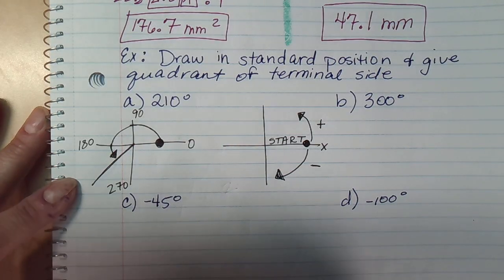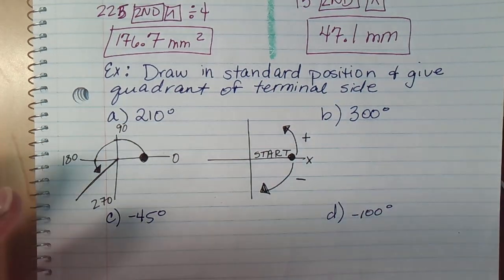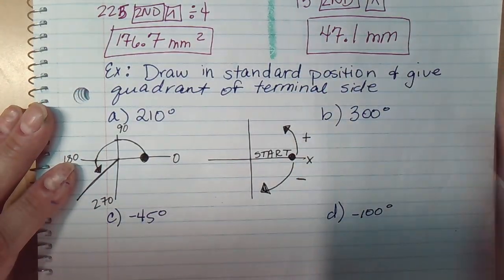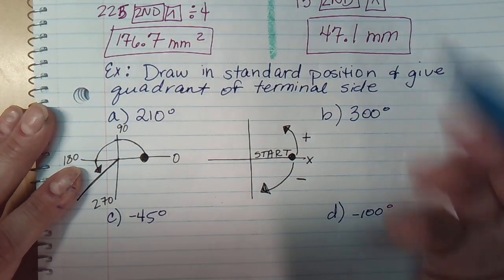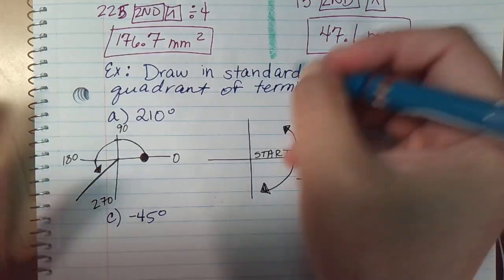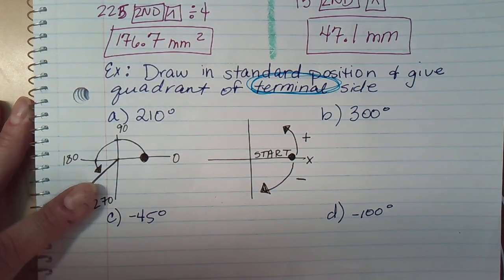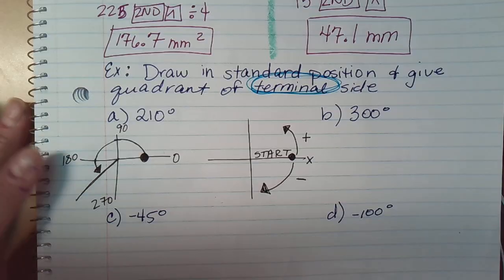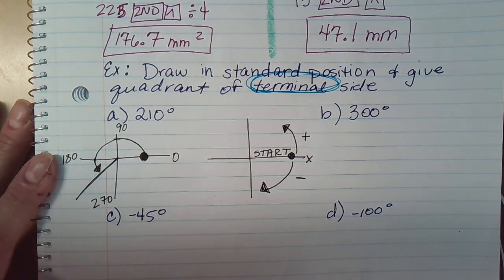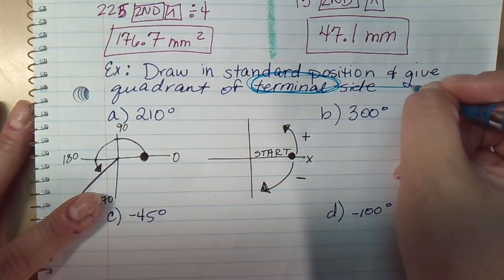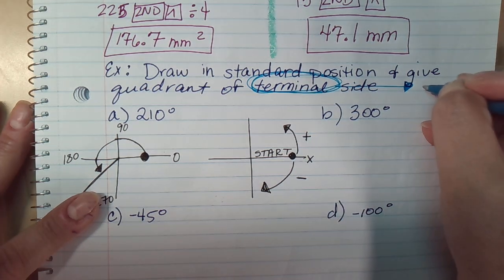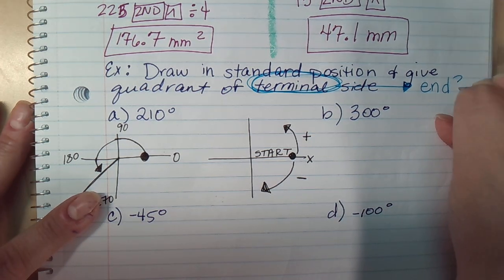And when it says quadrant of the terminal side, what does terminal mean? Well, if somebody says you have a terminal illness, that means something is about to come to an end, you know? And so terminal side means where does that angle end? Or where does it land?